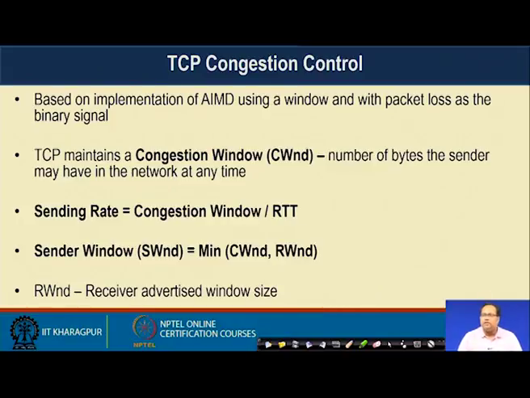Earlier we looked into the principles of additive increase, multiplicative decrease, where we have seen that AIMD provides a notion of maximizing the capacity as well as fairness in the network. Whenever there are multiple flows getting congested at the network bottleneck link, both flows are trying to maximize their capacity, and during that time we need to ensure that every flow gets the required capacity that maximizes its fairness as well.